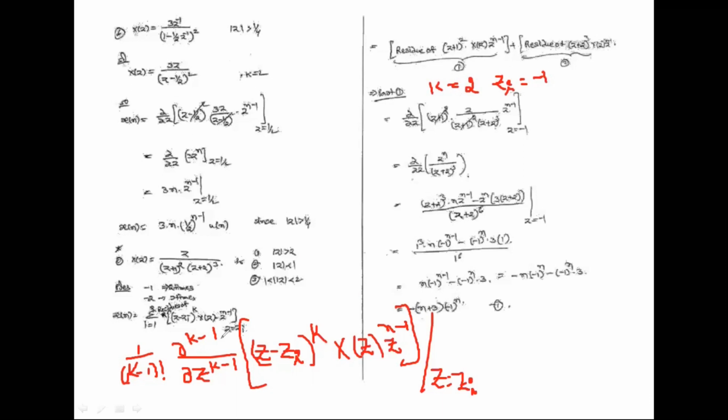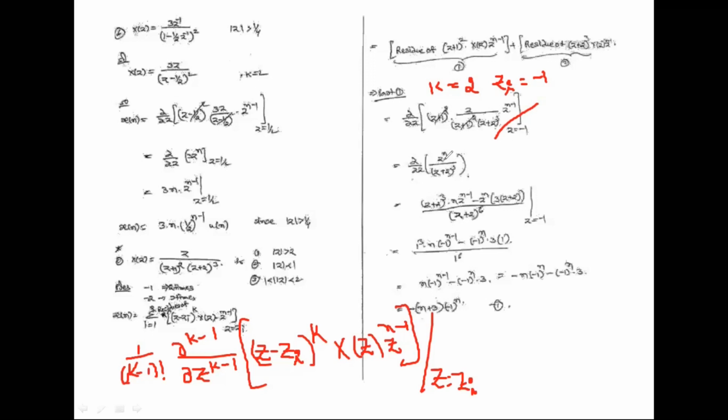Substituting, k minus 1 is 2 minus 1 factorial, and dou power 2 minus 1 by dou z means dou by dou z, of (z minus zi), that is z plus 1 whole square, times z by (z plus 1 whole square)(z plus 2 whole cube), times z power n minus 1, at z equal to minus 1. Because it is the first derivative only, after cancelling z plus 1 whole square we have z power n by z plus 2 whole cube.